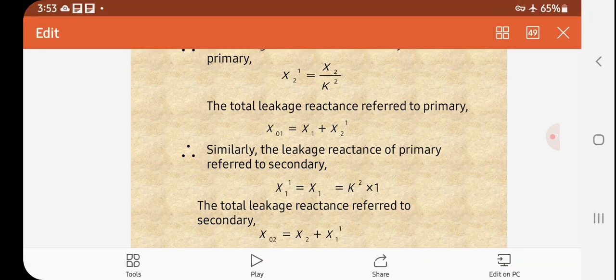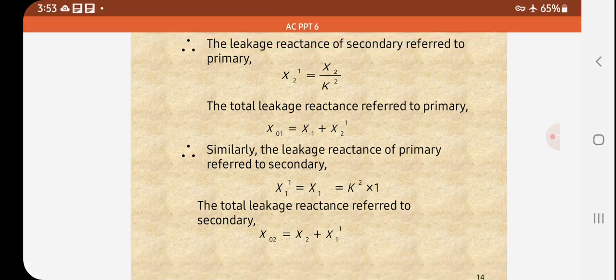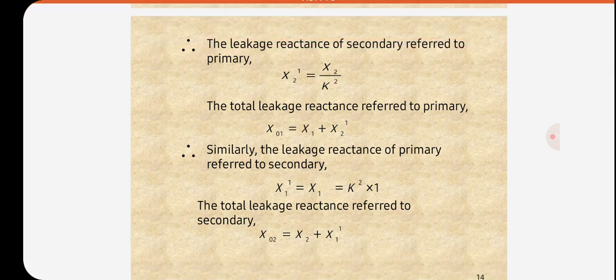So, the leakage reactance of a secondary referred to primary, x2 dash, is equal to x2 by k square. The total leakage reactance referred to the primary, that is x01, is equal to x1 plus x2 dash.